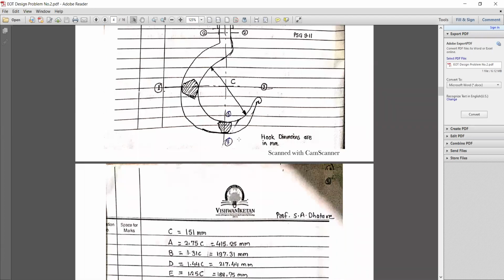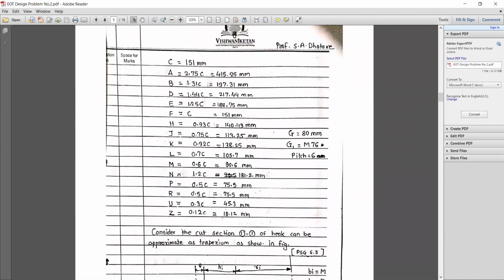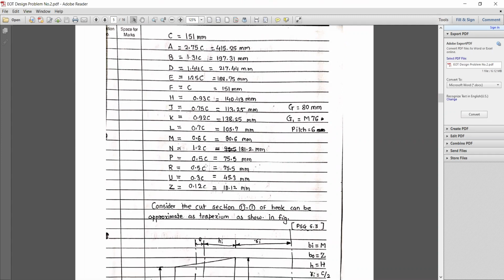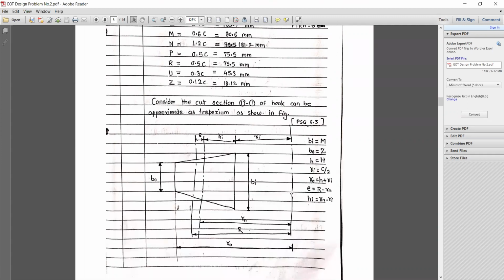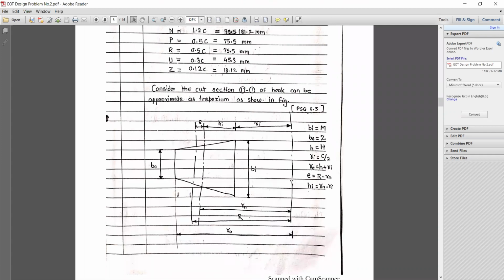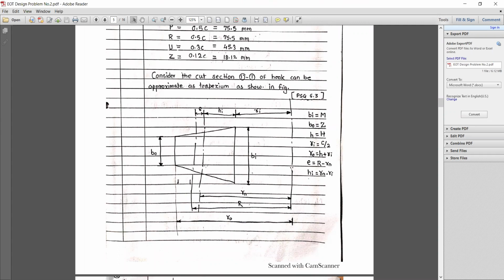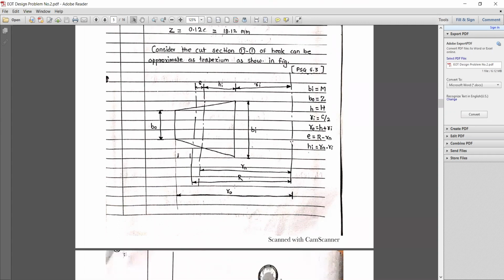In the design I have calculated everything over here, based on the given standard formulas. Next, by considering cut section 1, the critical section of the hook can be approximately considered as a trapezoidal cross section.